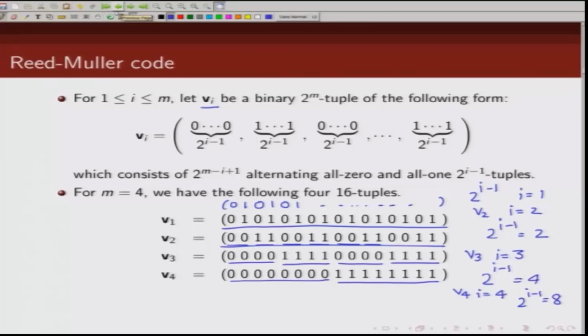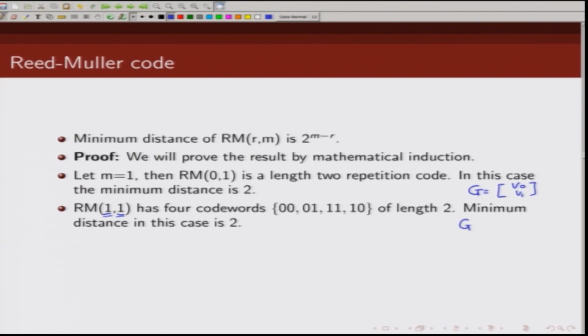V1 is 0 1 and V0 is 1 1, and this is length 2. So, G is 1 1 and 0 1. This will be my generator matrix. Now, this will generate the following codewords of length 2, and what is the minimum distance between these codes? That is 1. You can say the minimum weight of a non-zero codeword is 1. So, the minimum distance in this case is 1.